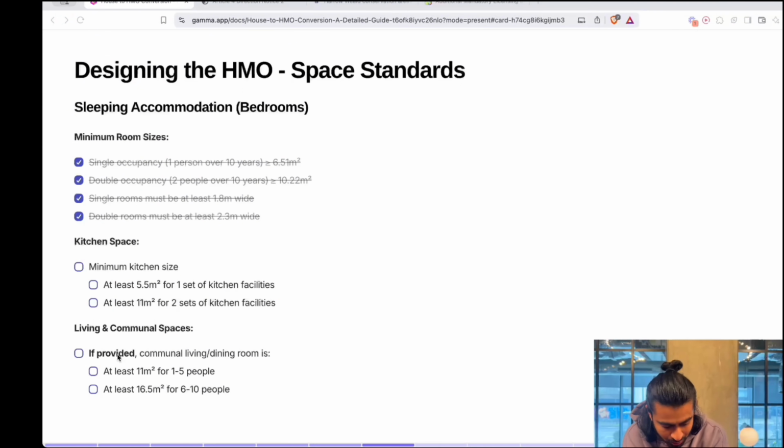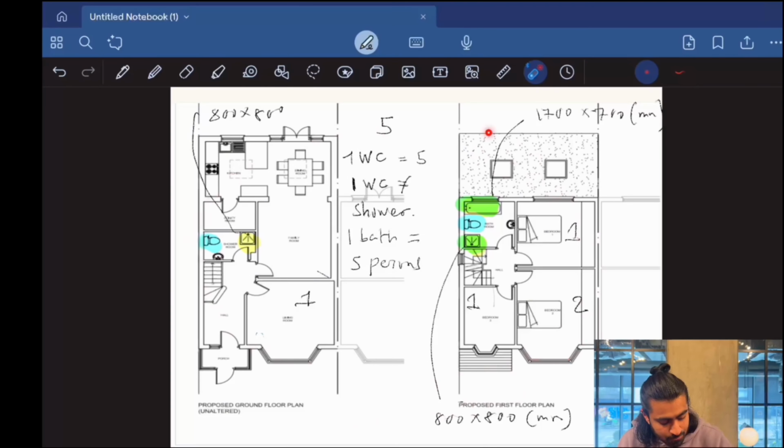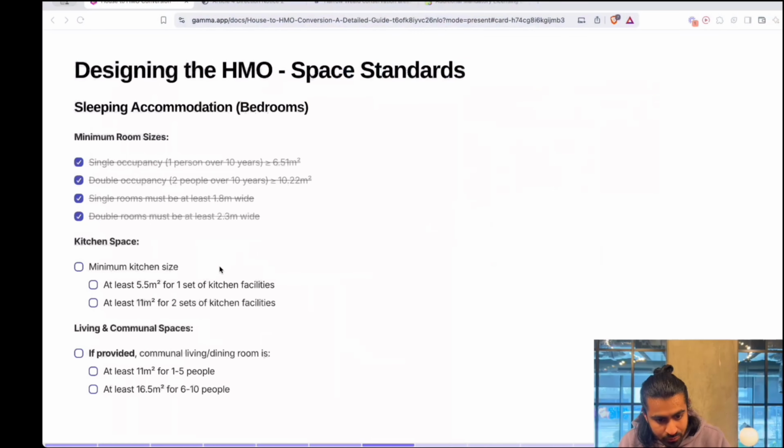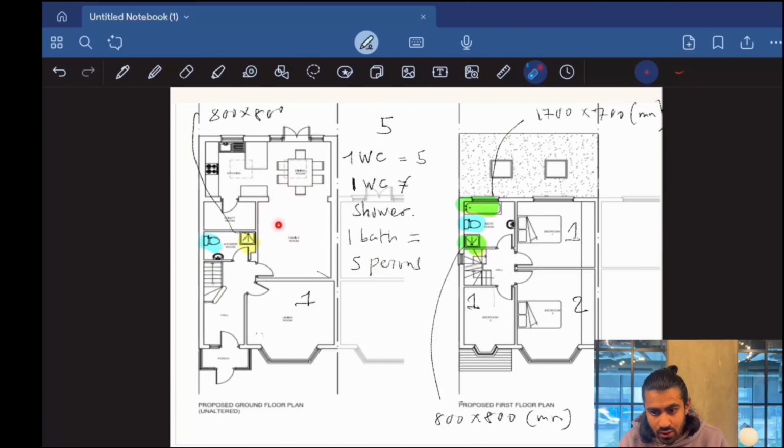Now, this is kind of where the loophole comes in, because with Brent, and this is very different depending on the councils, if you do not provide a living or communal area, then you do not adhere to the space standard, essentially. So this is only if you want to provide it. So if we were to keep this structure as is, then we would meet everything, because we would essentially have 5.5 for the kitchen facilities and 11 square meters for the living dining, which is this space over here.